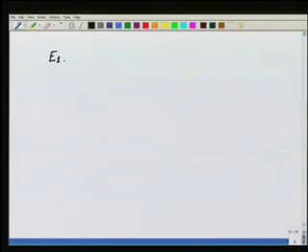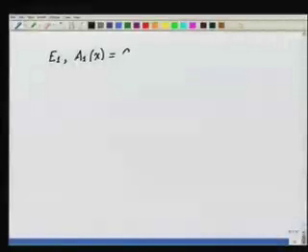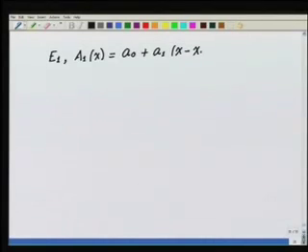We also want the values of A1 as a function of X, which we are going to give in terms of two parameters, A0 plus A1 into X minus Xm.